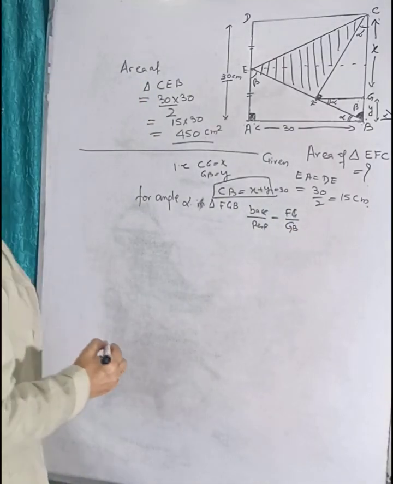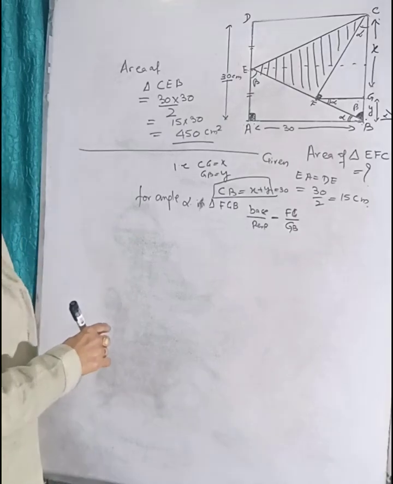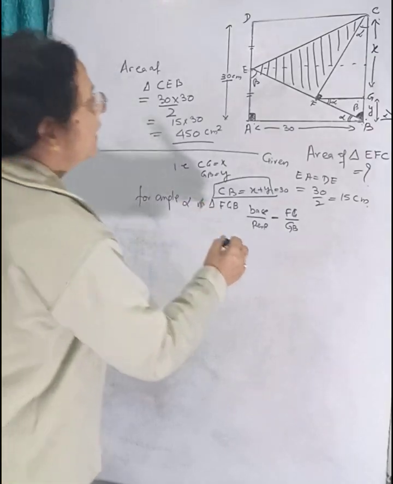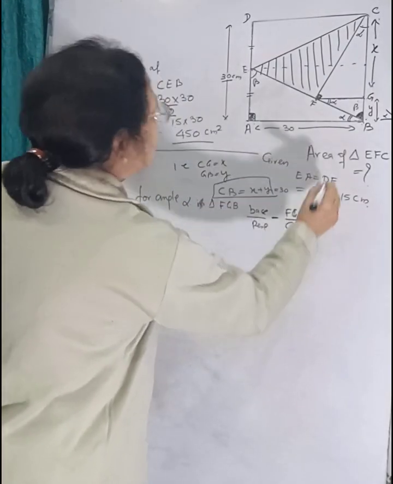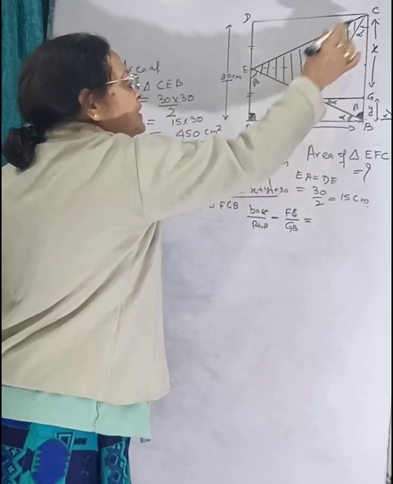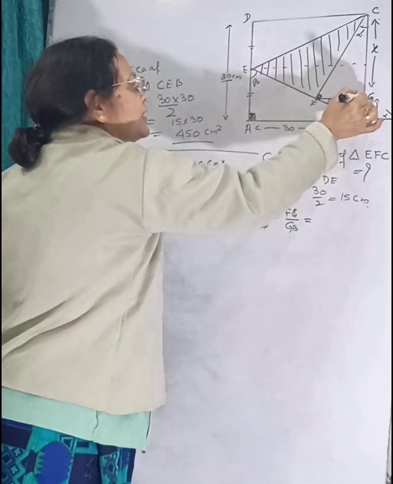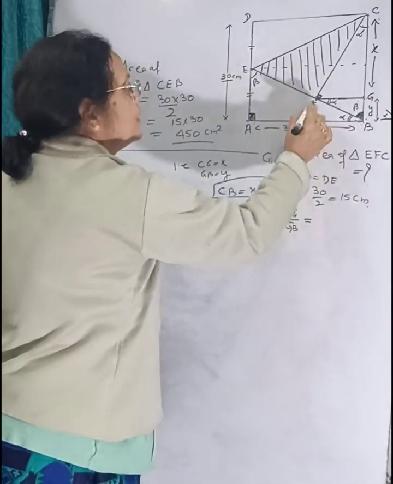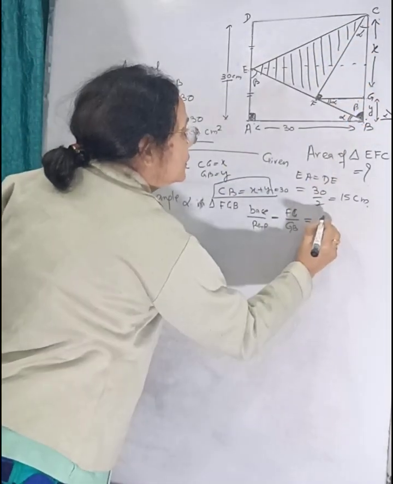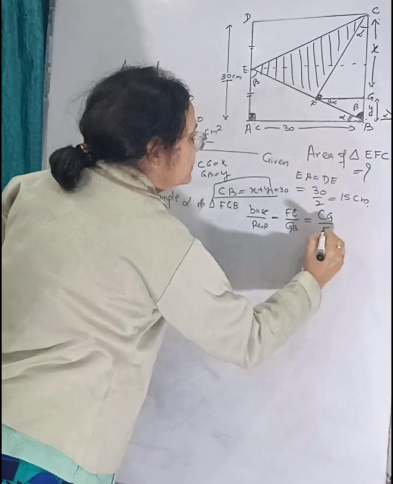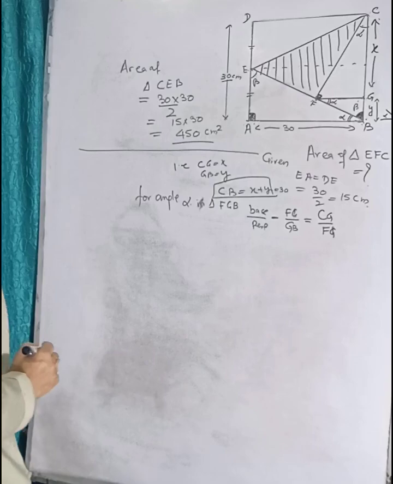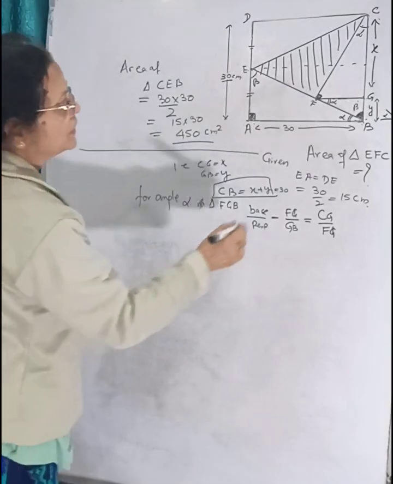And also, in triangle CFG for angle alpha, base upon perpendicular is equal to CG upon FG.